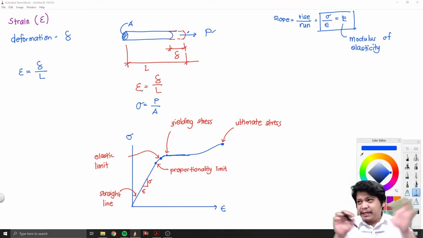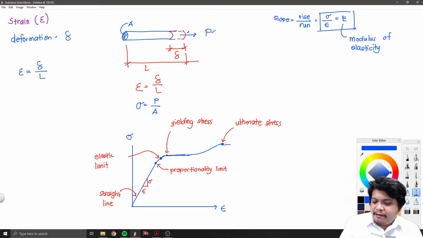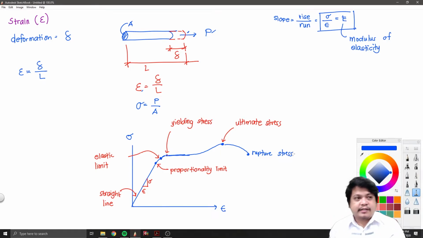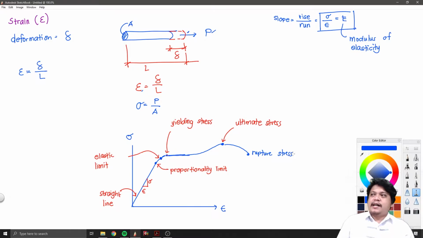Ngayon, pag nilakasan ko pa ng nilakasan yan, babagsak na yan hanggang sa maputol na yung pinaka-bar mo. Ang tawag na natin doon is rupture stress.